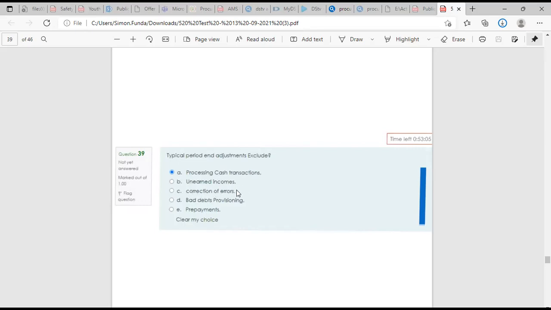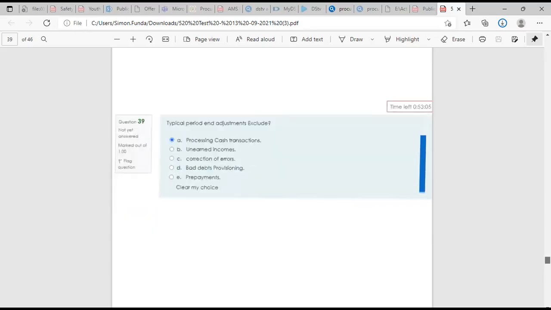Correction of errors, yes, we correct errors. Then a bad debts provision, we do that. Prepayments, we also adjust prepayments. We don't process cash transactions. So I think A is correct. It excludes the processing of cash transactions.